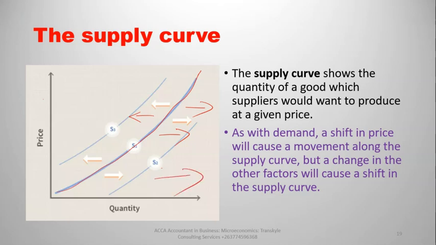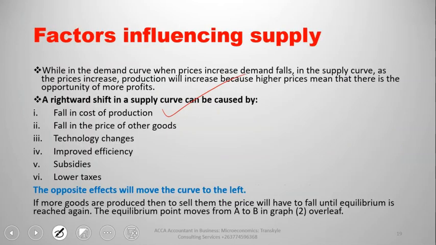But when you are talking of a leftward shift, it means suppliers are contracting their supply, they are reducing. So when production costs are reducing, suppliers are motivated to supply more because it becomes cheaper to produce.